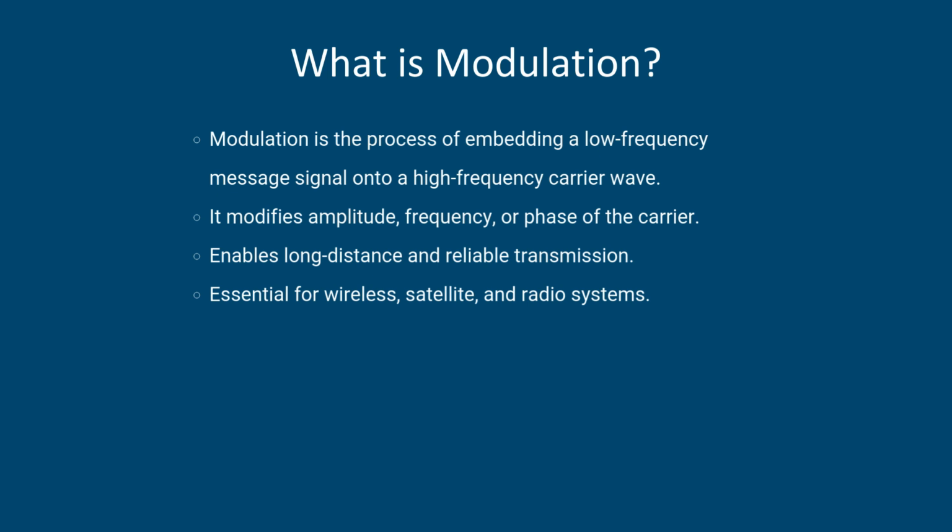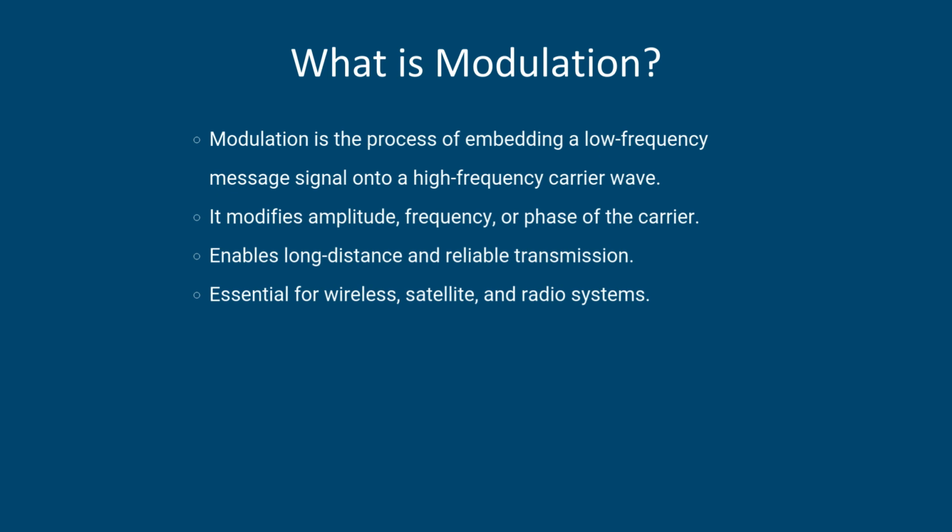So we combine it with a carrier signal that has high frequency. During modulation, we modify one of the properties of the carrier signal: amplitude, frequency or phase. This modification allows the signal to propagate over long distances with better strength and stability.